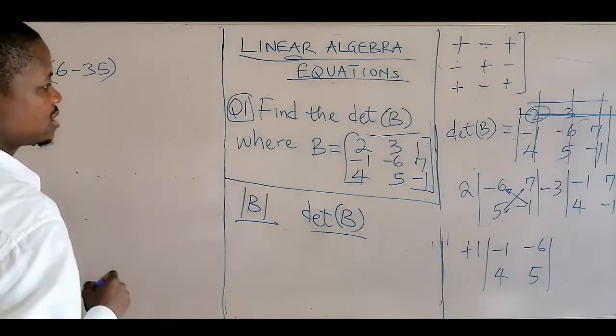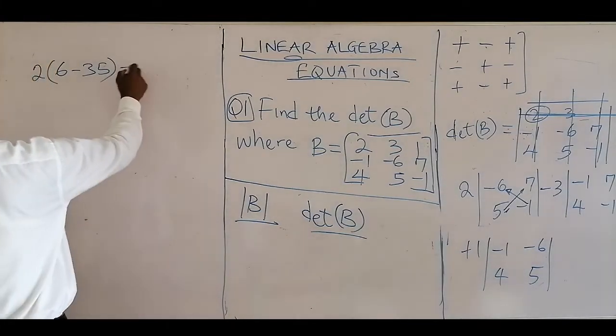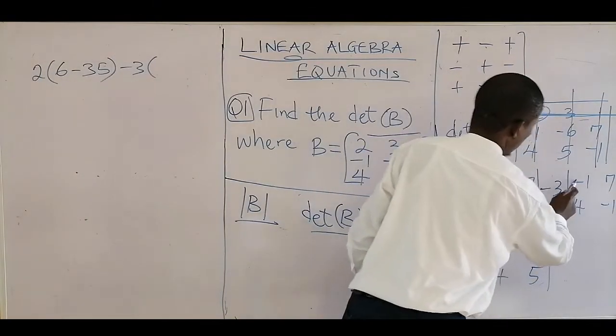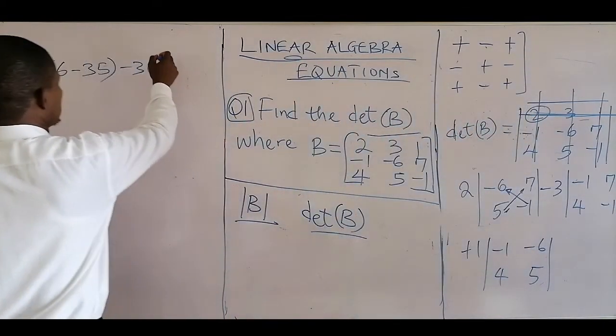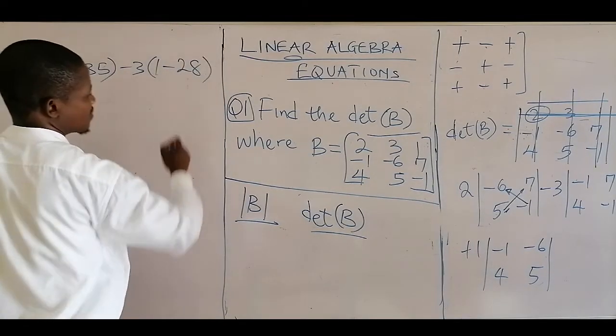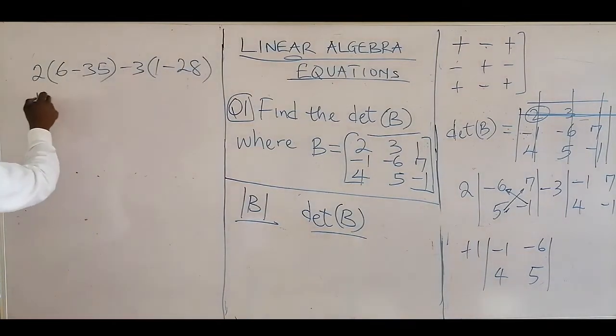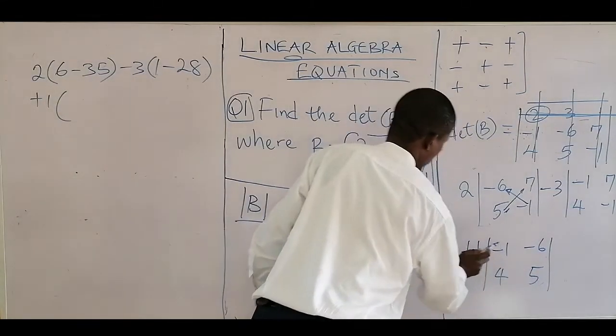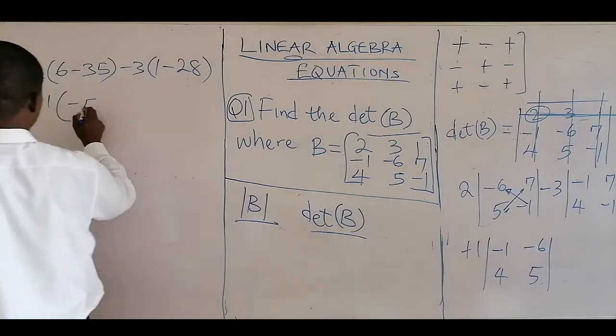And then followed by minus 3 into brackets. Minus 1 times 1, that's 1. Then minus 4 times 7, that's 28. Then plus 1 into brackets. 5 times minus 1, that's minus 5.